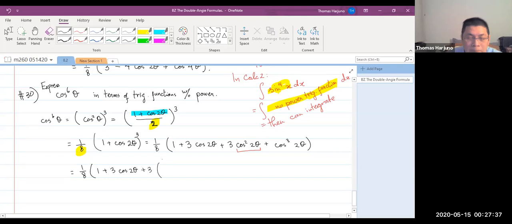What will that be? 1 plus cosine, double the angle, over 2.